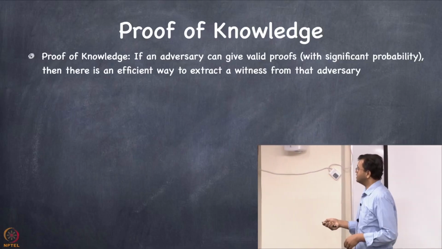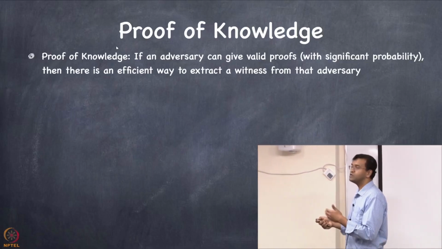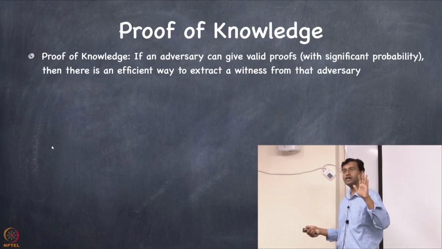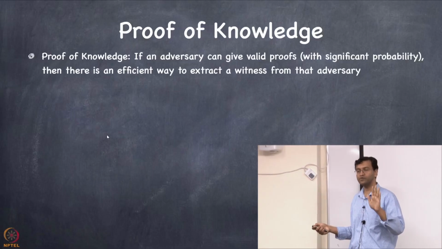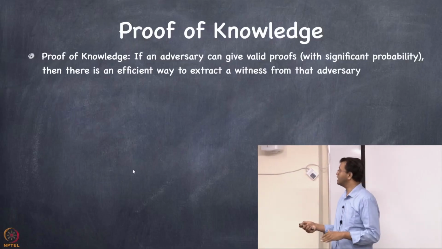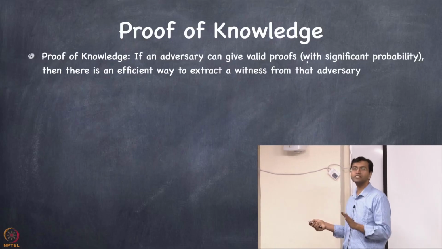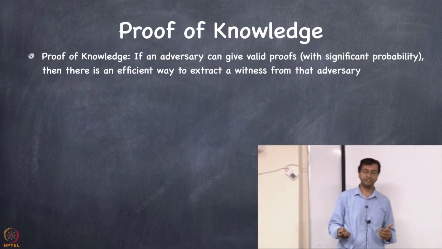Okay? So this is a soundness notion. It's a guarantee to the verifier. Earlier, soundness just said, if you accept the proof, that means x is in the language. Now we are saying, if you accept the proof, then the adversary actually knows the witness.